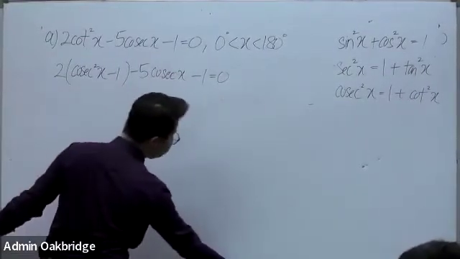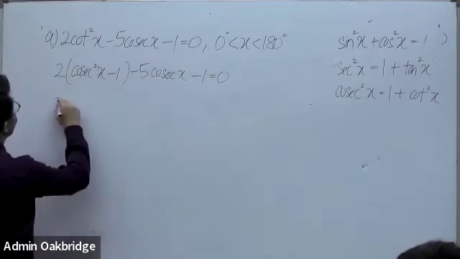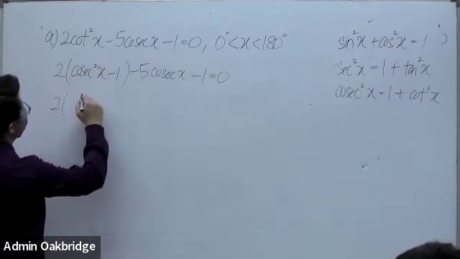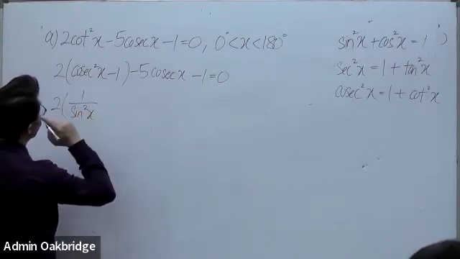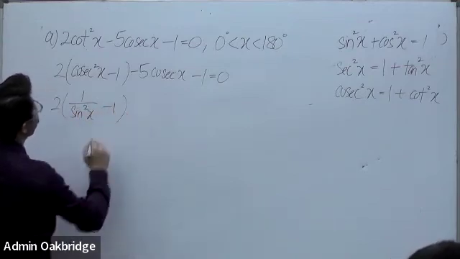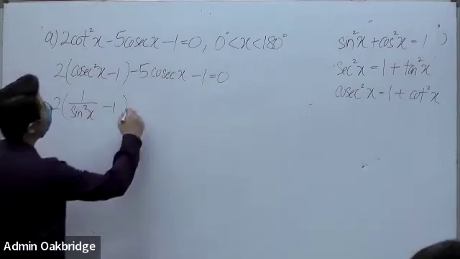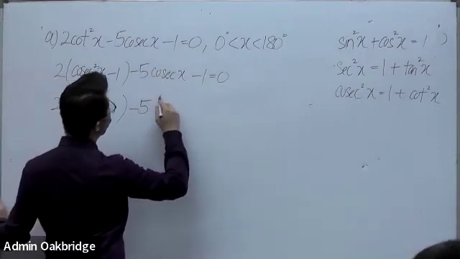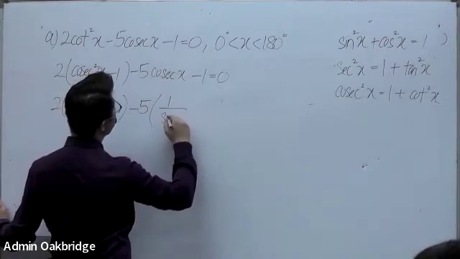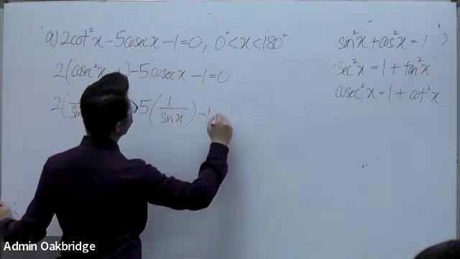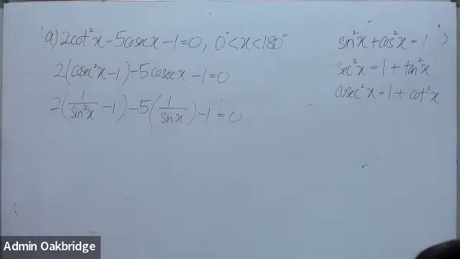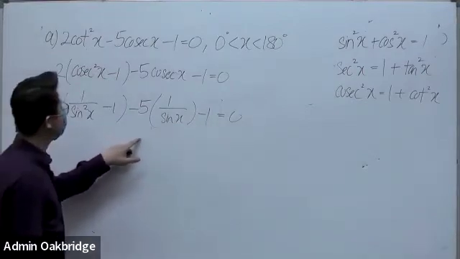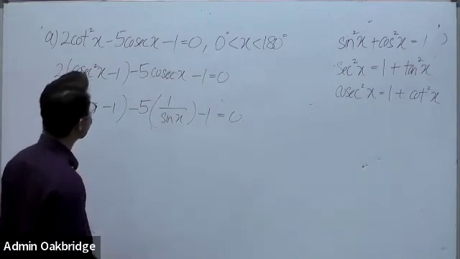So after you convert this, you change this one to 1 over sine square x minus 1, and then minus 1 over sine x minus 1. Maybe this will make a difference. Okay, then from here, you can times sine square to remove the denominator.